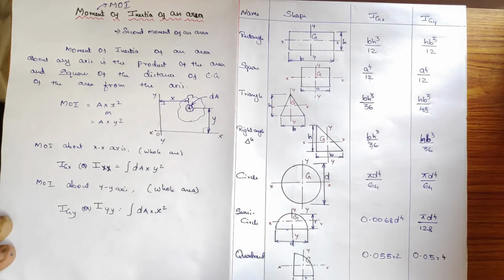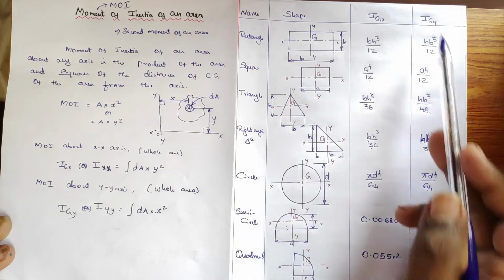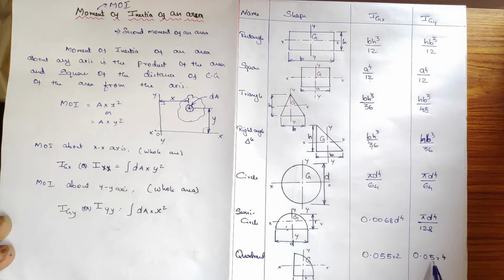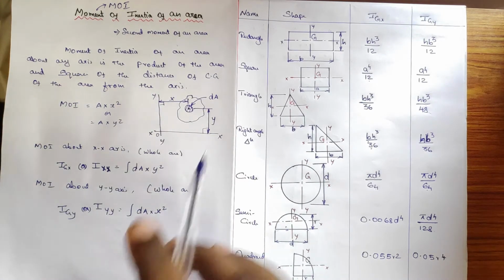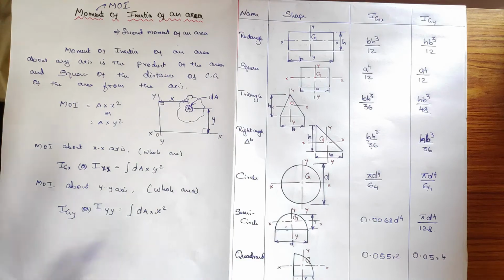Okay, so for the quadrant, in the sense of the semicircle, right? This is a quadrant, and both the horizontal and vertical show the radius. So here Igx is 0.055 r power 4, and for Igy it is 0.05 r power 4. Okay, so these are the basic shapes or the basic plane figures.